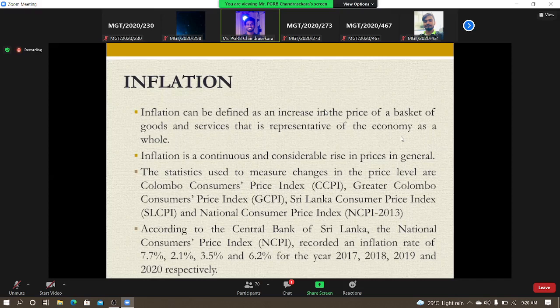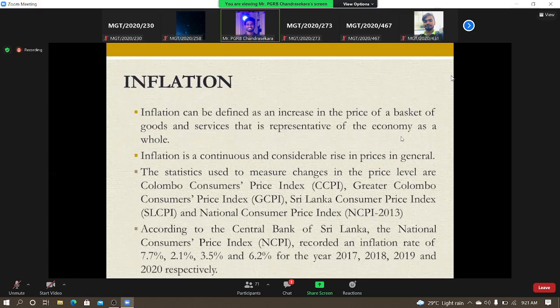A certain type of basket of goods and services represents the entire economy. After you identify the price changes of those goods and services, we take an average level and then we apply it to the economy.